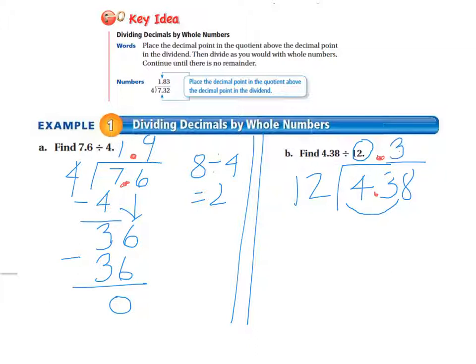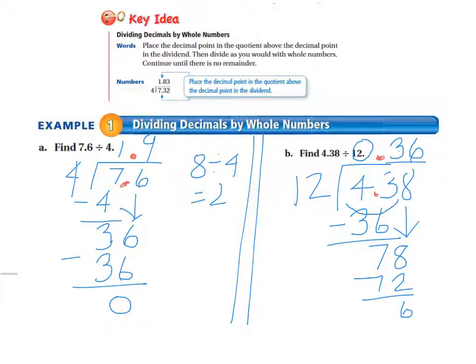3 times 12 is 36. Subtract. 43 minus 36 is 7. Next step is to bring down. How many groups of 12 are there in 78? There are 6. 6 times 12 is 72. Subtract.